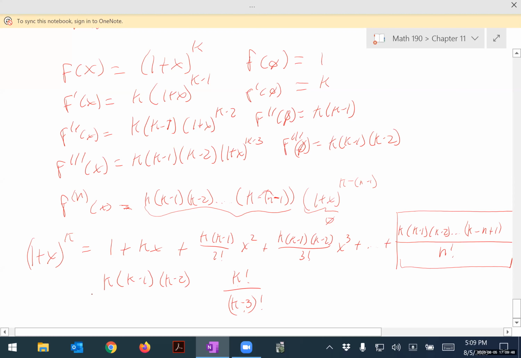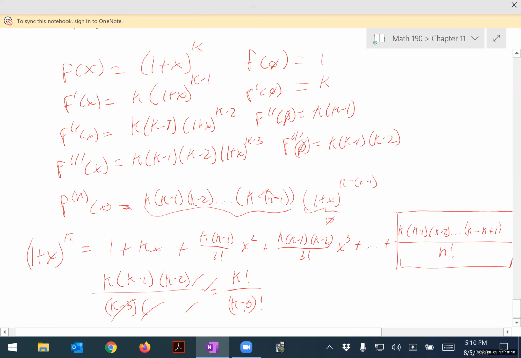Why? Because I would want the k minus 3 factorial to cancel out everything after k minus 2. Does that make sense? So this equals that, k factorial over k minus, say, 3 factorial.